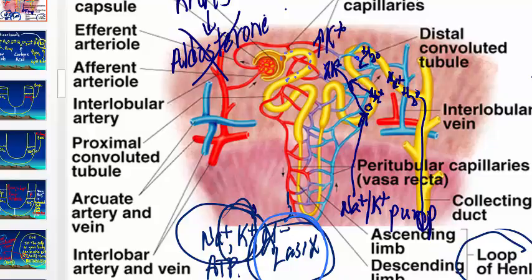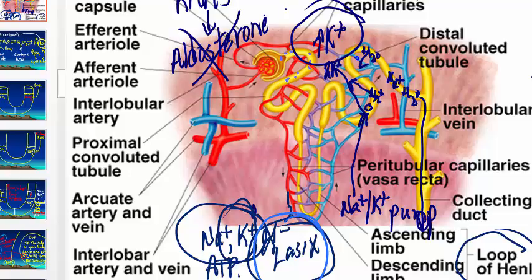So spironolactone, aldactone, is a potassium-sparing diuretic, and it takes advantage of the fact that aldosterone stimulates that sodium-potassium pump. And again, it's not as powerful as the loop diuretic, but it still has the diuretic effect. And that's why in people who are taking spironolactone, aldactone, you have to worry about elevated potassium levels.